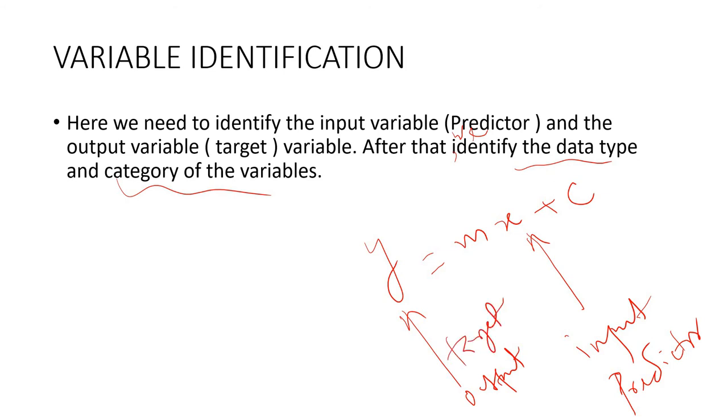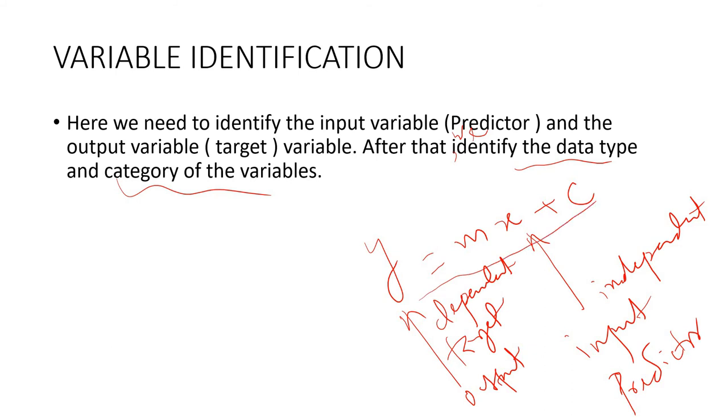The input variable is also called the independent variable. X is the independent variable, and y is the dependent variable, which is the output. The output depends on the input, but the input is independent of the output. You may be familiar with these concepts. In this equation, m is the slope and c is the y-intercept.